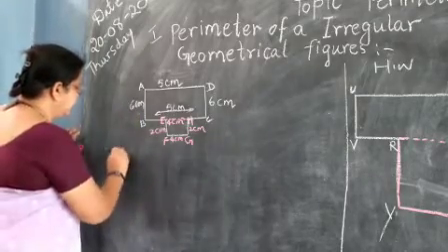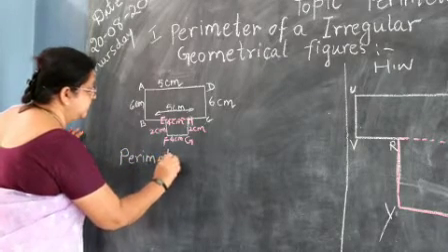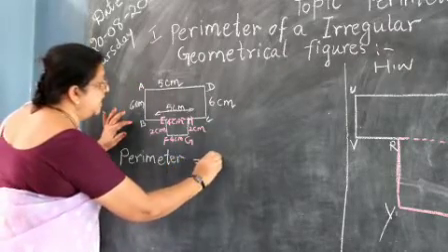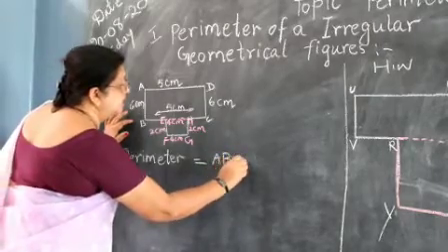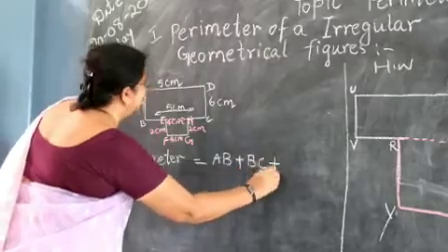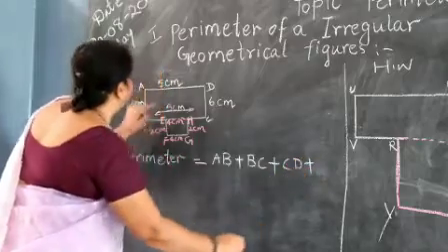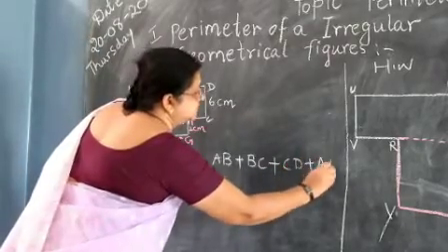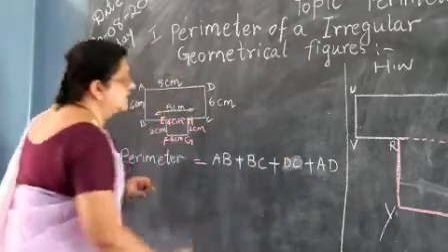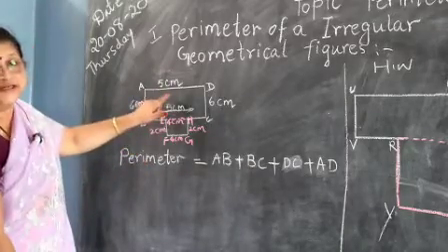So the perimeter of a rectangle is equal to AB plus BC plus CD or DC plus AD. You can write this as DC, that's better. Okay, now you know the measurement given to you.